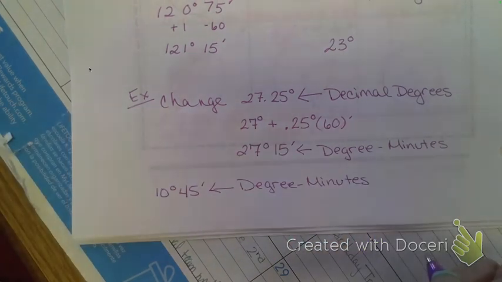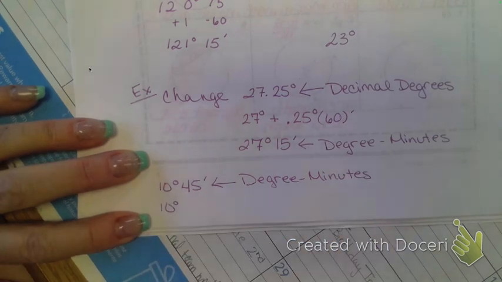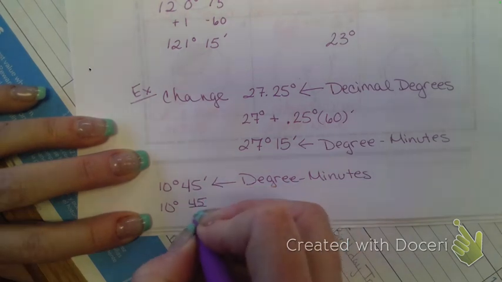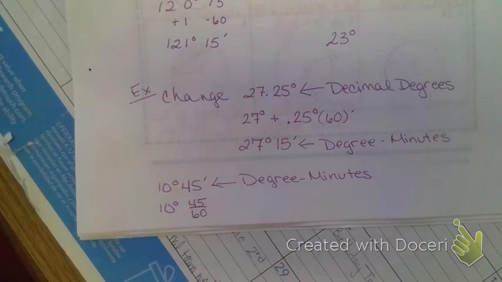Decimal is divide, because it's smaller, right? So don't mess with the degree. You're going to have 45 divided by 60. A decimal is a smaller number, so if I want to make a number smaller, I would divide.